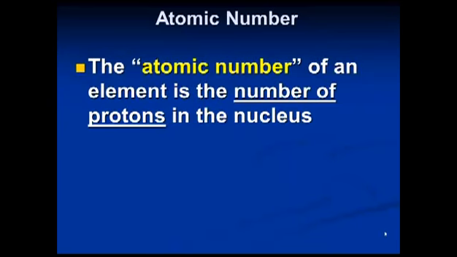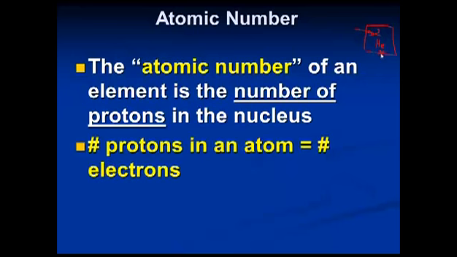The atomic number is found at the top of your periodic table. For example, if I have a box on the periodic table with 2, He, and 4, this number on top is the atomic number. That works for about 90-95% of the periodic tables you find, with the atomic numbers on top.